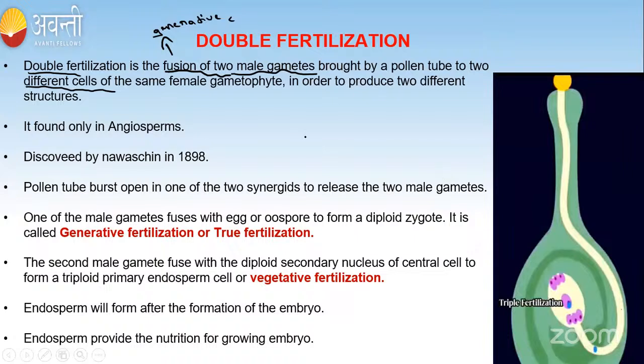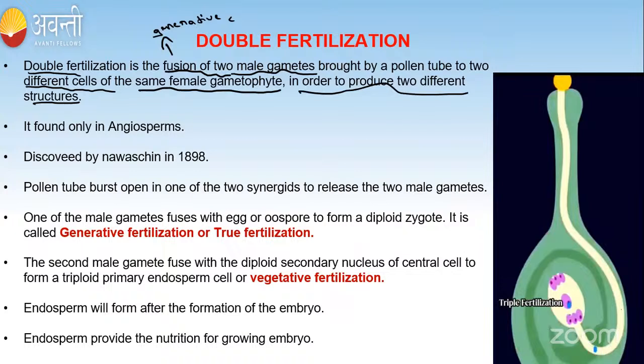Here you can see that the pollen tube is bringing the two male gametes for the fusion of two different cells of the same female gametophyte, in order to produce two different structures.